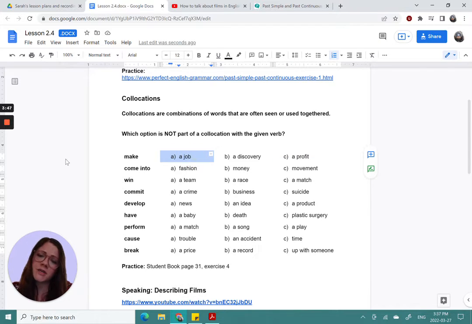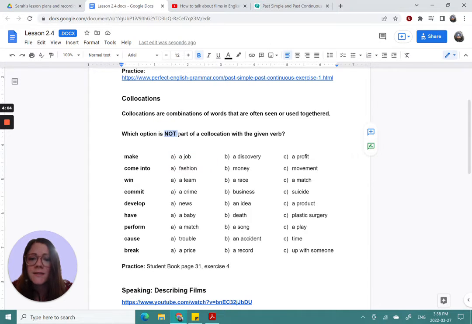We can have a job, we can quit a job, but we can't make a job. We don't say that. So that one is an example of which one is not a part of a collocation that we see with the verb make.